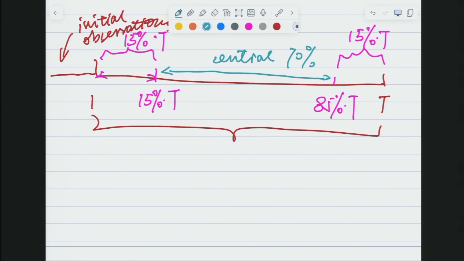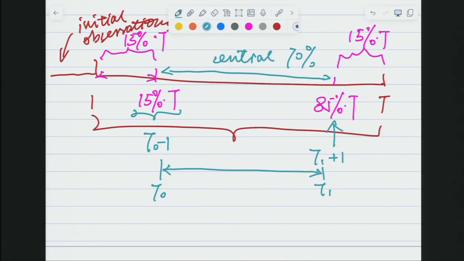Suppose this is tau naught, so this is tau naught minus 1, and here this is tau 1 plus 1. Then what marks the start of our search is tau naught, all the way until tau 1. For example, imagine 1 to 100.